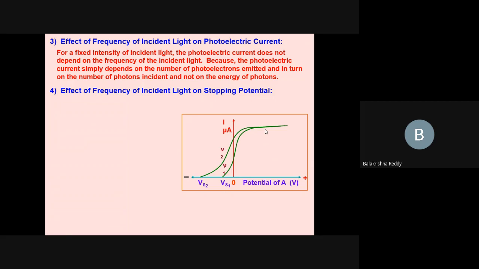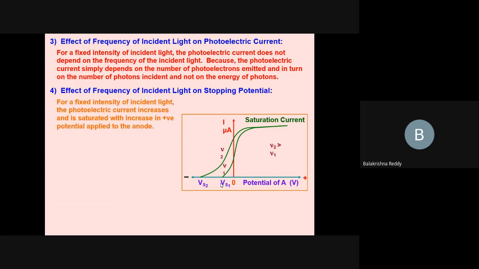Only the stopping potential is affected. So the light with the greater frequency has the greater stopping potential. Simple as that. From this we can understand that frequency affects the stopping potential. Different frequencies of light give different stopping potentials.